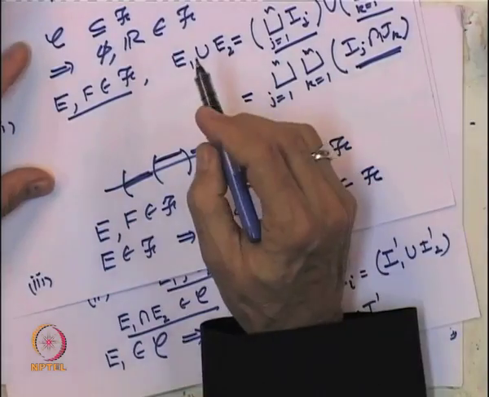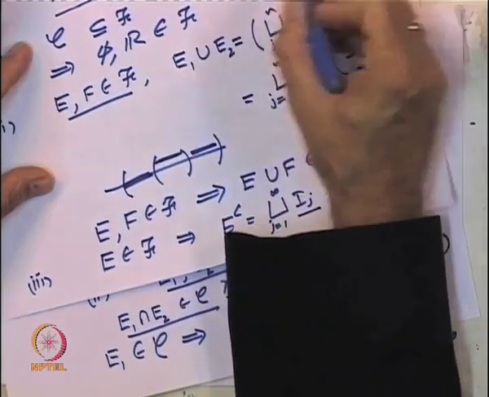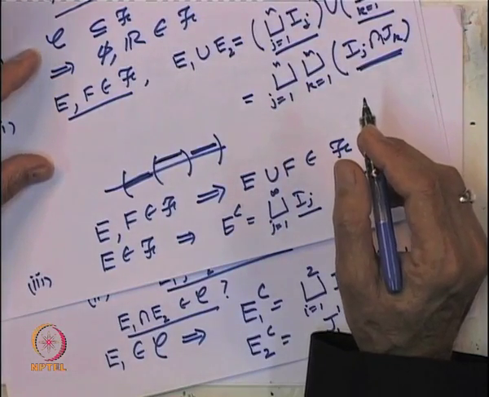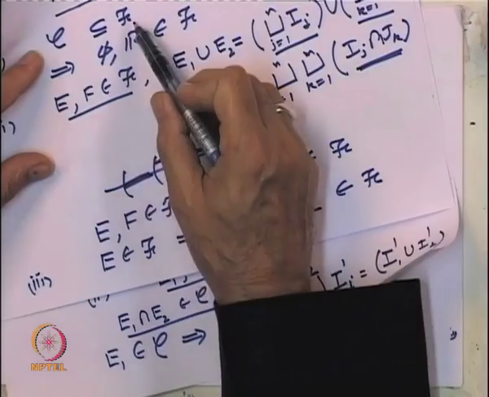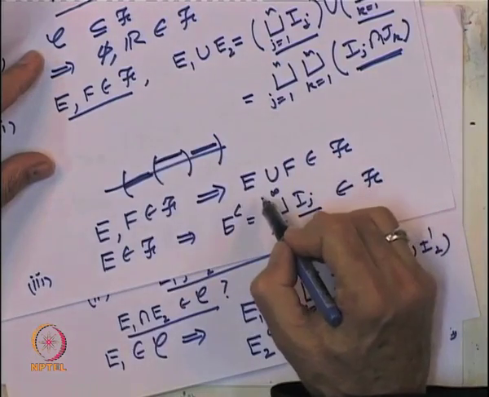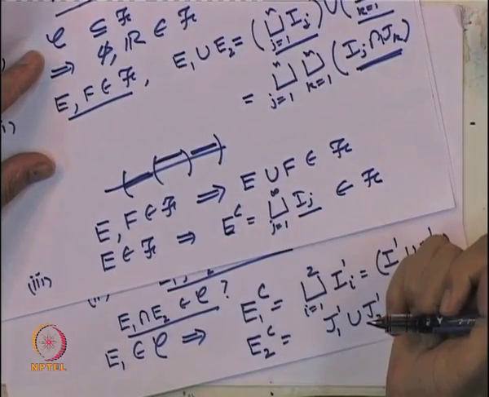So, the collection of sets of the real line which are finite disjoint unions of intervals has the property that if E and F belong to it, then it is closed under unions and also closed under complements.